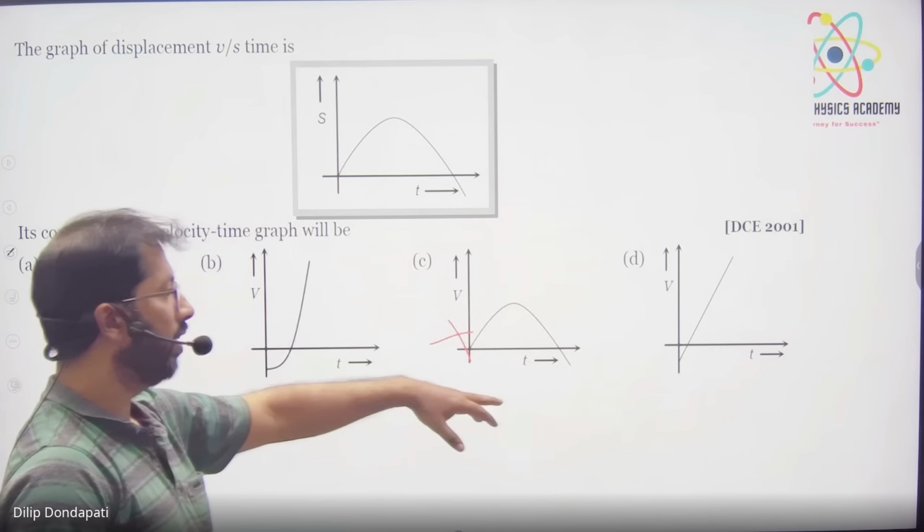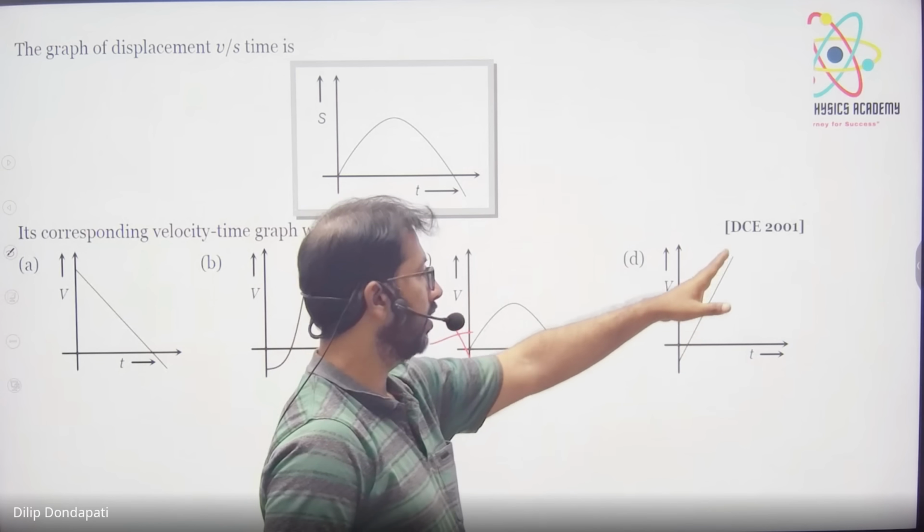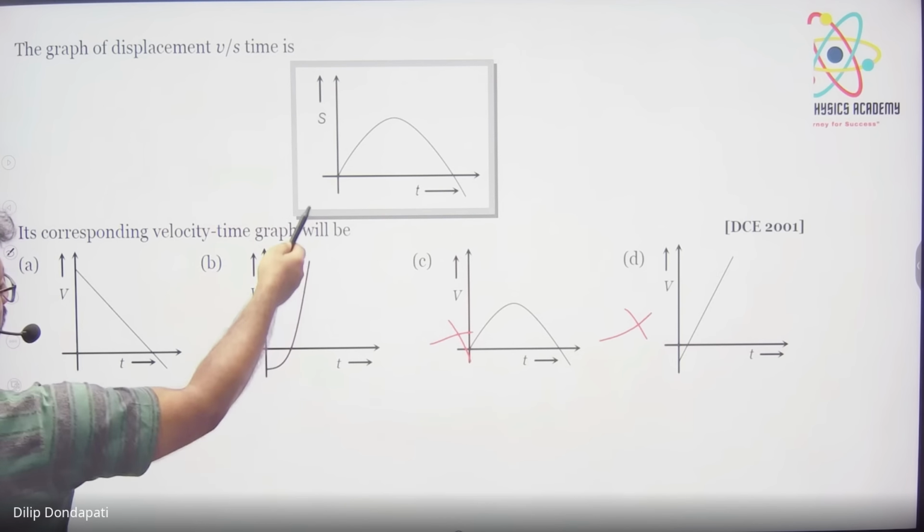But first of all, is this increasing or decreasing? Increasing. Here velocity is increasing or decreasing? Initially increasing. Here velocity is increasing or decreasing? Increasing. Velocity decreasing.